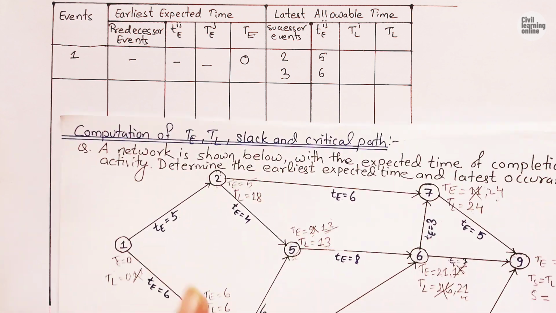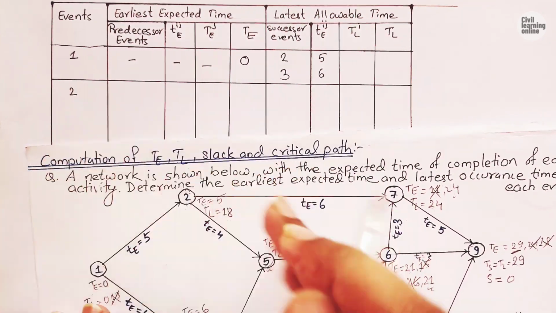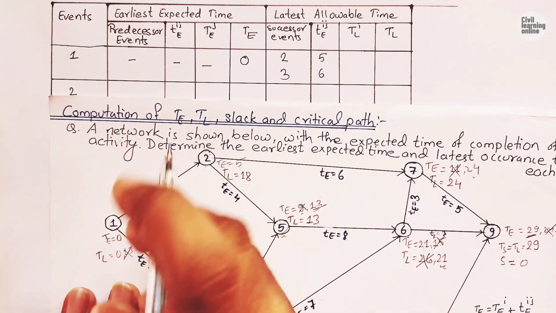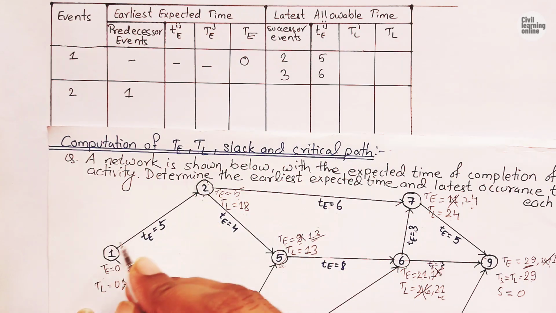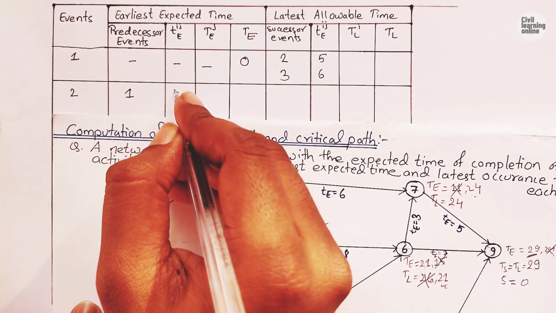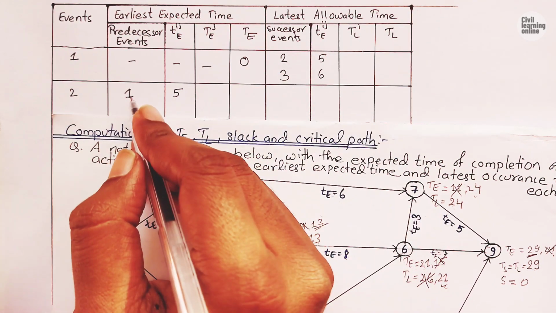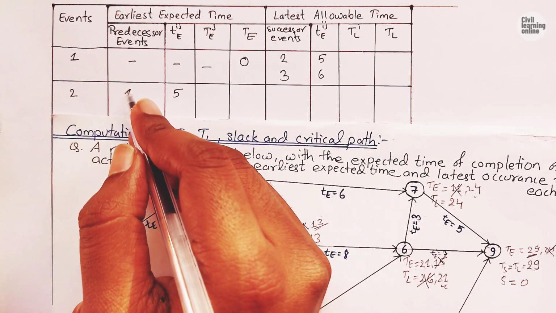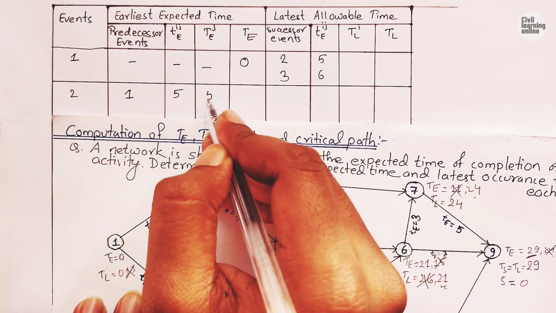Now after event 1, we will move to event 2. Event 2 has one predecessor, so we will write 1, and the duration of 1 to 2 is 5. We take TE of event 1 because the predecessor event is 1. TE of 1 is 0, so 0 plus 5 is 5.